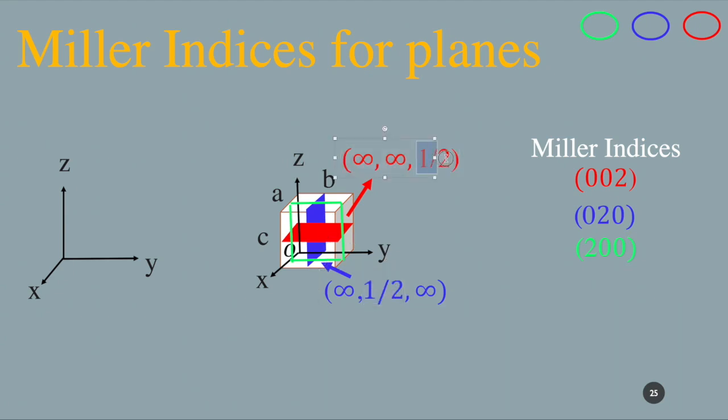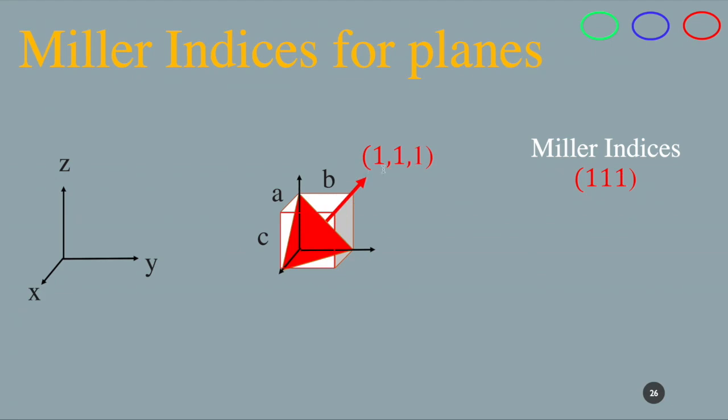Since Miller indices are the reciprocals of the intercepts, you have the (0 0 2) plane. Similarly the (0 2 0) and (2 0 0) planes for the others. Similarly, we can have the (1 1 1) plane that has intercepts on the x-axis, y-axis, and z-axis. So these are Miller indices.